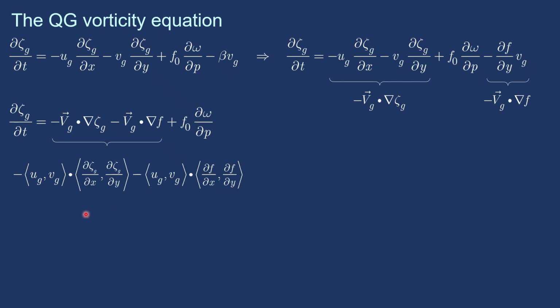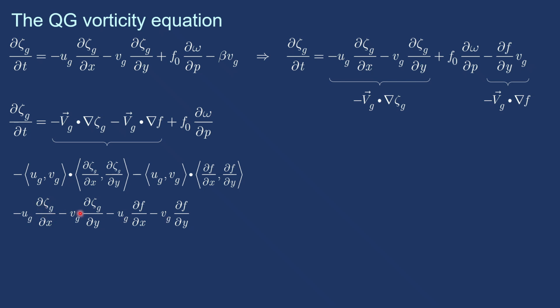So in the first one here, we would have minus UG partial zeta G partial X minus VG partial zeta G partial Y. Then we'd have a minus UG partial F partial X and a minus VG partial F partial Y. So we end up with these four terms when we've applied these two dot products.